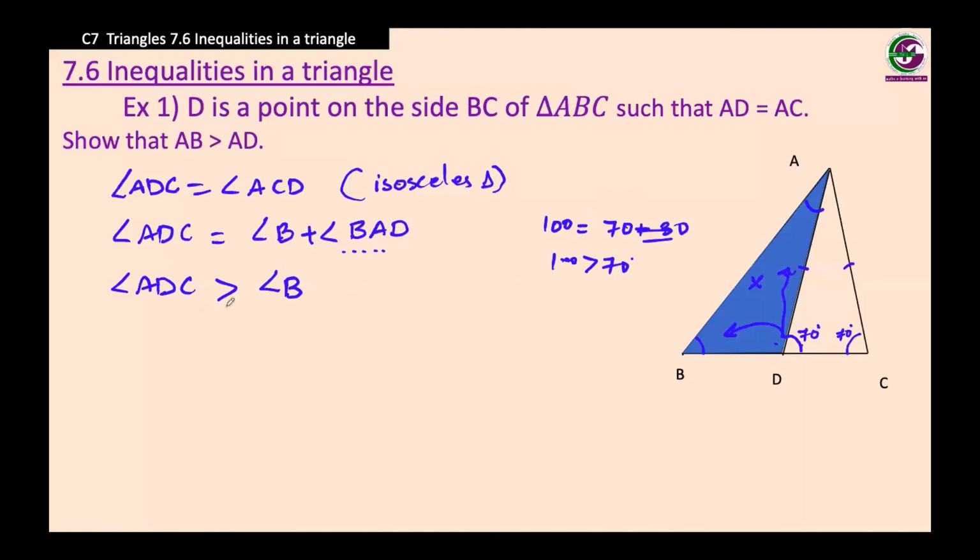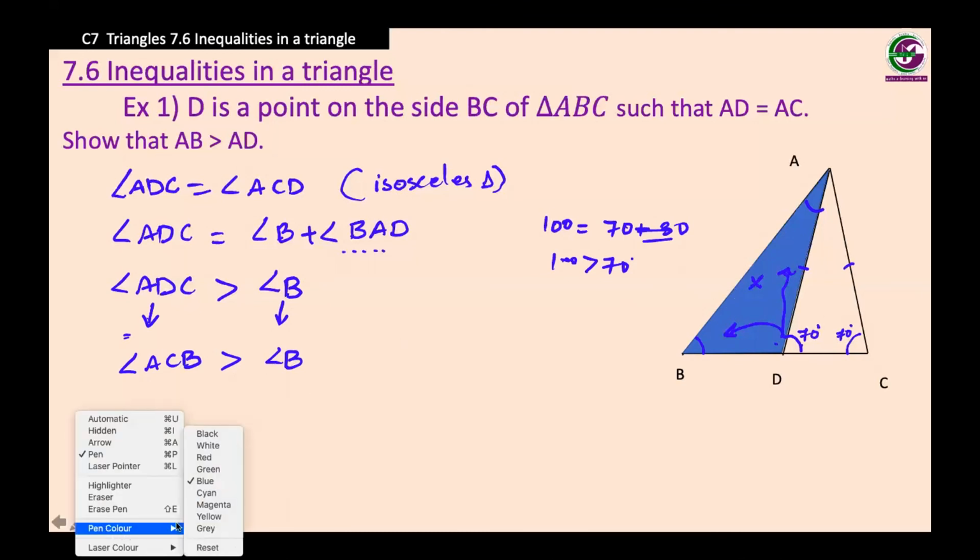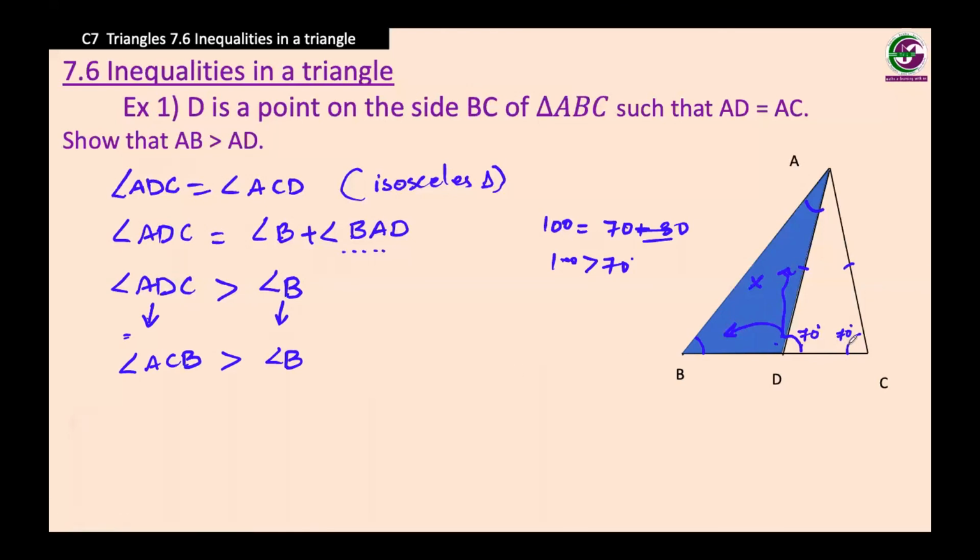Now we know that angle ADC is the same as ACD. So this is equal to angle ACB, which is greater than angle B. I'm just writing as it is. So which means when we compare between B and C, C is greater. If C is greater, which means the side opposite. What is the side opposite to angle C?